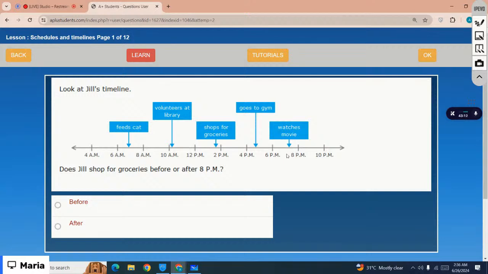So, yes, before 8 p.m. You can see here, here is 8, so before 8 they do shop for groceries. The correct option is before.